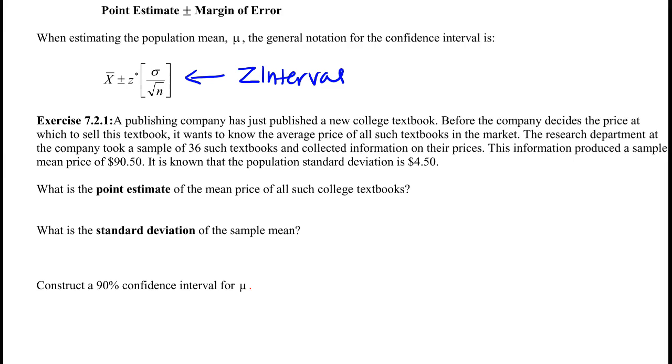We did skip over this section, but in the very rare and pretty much impossible scenario where we have sigma and we don't have mu, so we'd like to estimate our real population mean, but we somehow have that population standard deviation, which, as I discussed in class, doesn't really make any sense because the formula or the calculation for that population standard deviation is this, which actually has a mean in it.